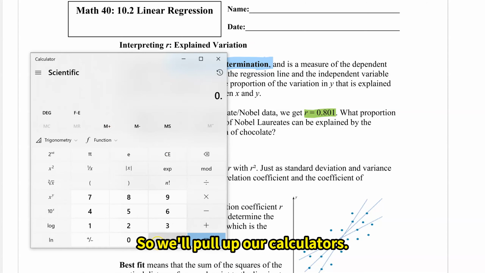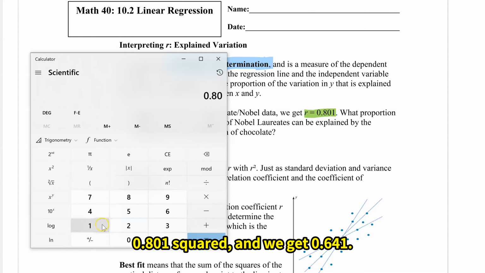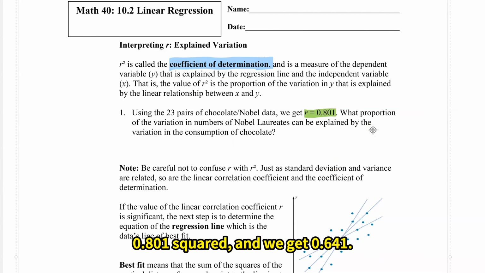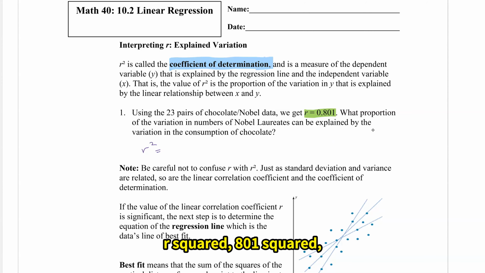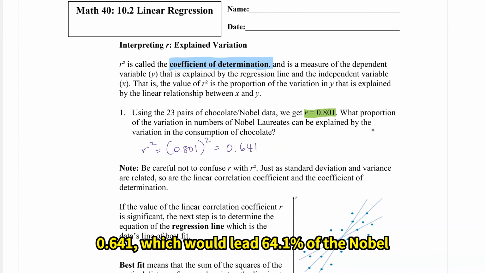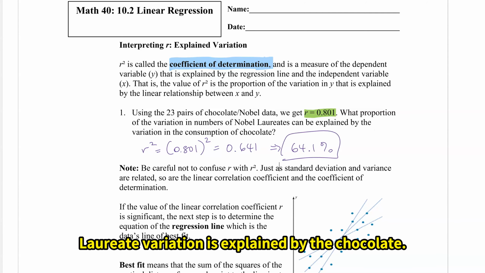So we'll pull up our calculators, 0.801 squared, and we get 0.641, which would lead to 64.1% of the Nobel laureate variation being explained by the chocolate.